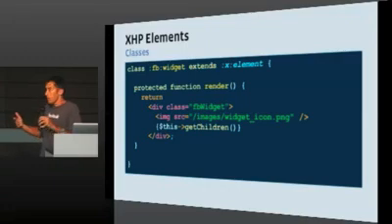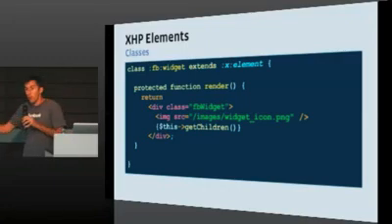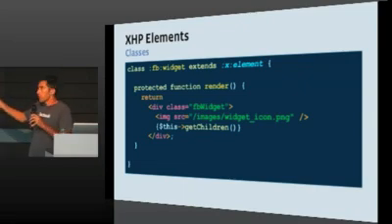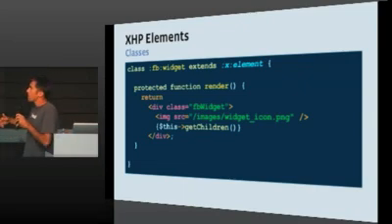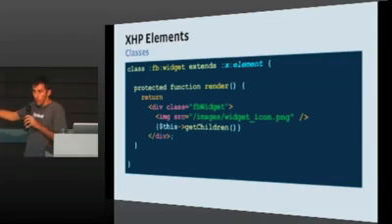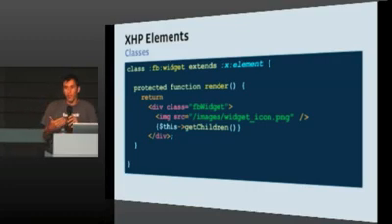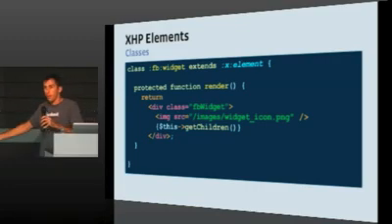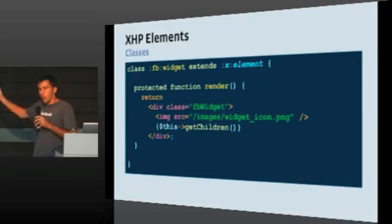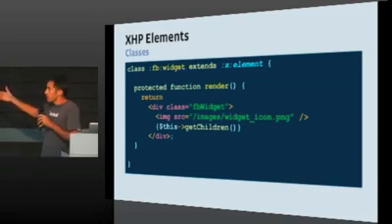The toString magic method is going to come in and call the render method on this XHP element. That has some more processing than this simple example, but it'll return an XHP element again. So it's going to take that return and say, okay, I'm still in XHP, so call render again. This time it's calling render on a primitive.